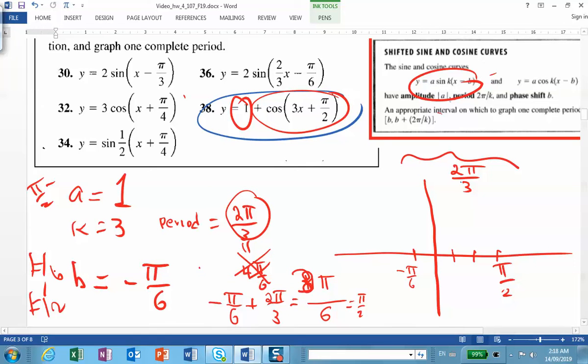So let's take the cosine and fit it in there. The amplitude is 1 right there. So it starts here, ends there. So obviously the middle is right there. So the curve is going to go like that.